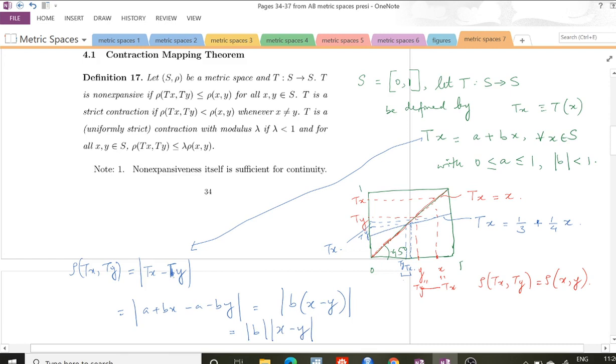So the absolute distance between Tx and Ty is equal to the absolute value of b times the absolute distance between x and y. So you can see that in particular this is less than the distance between x and y, right?